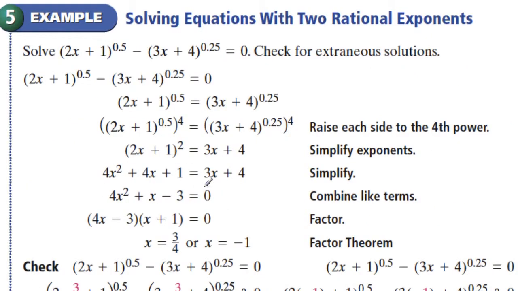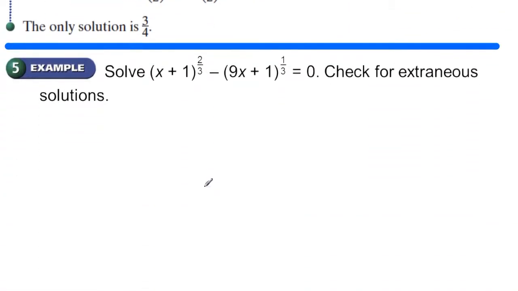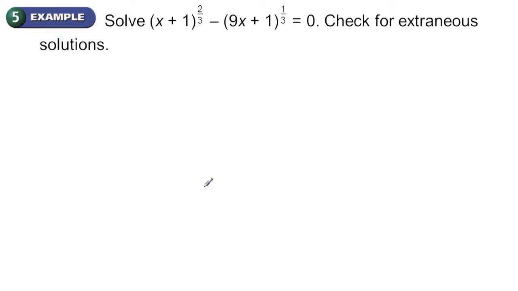Okay? All right. Now, final example that we have, solving equations with two rational exponents. Joy, oh joy, oh joy, right? Okay, so similar setup. We want to make sure that we have the radical expressions isolated.